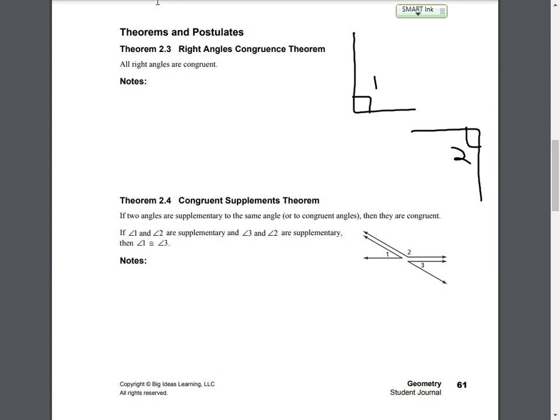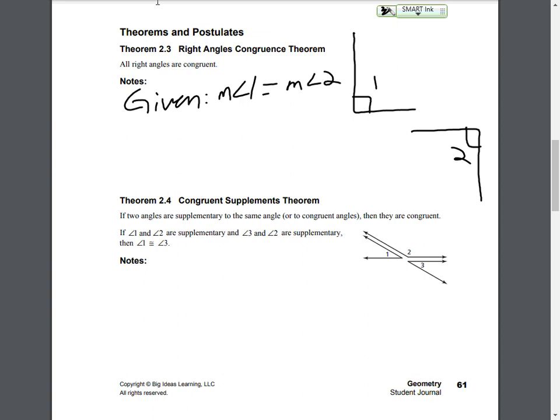Those are both right angles, right? We can see that by the little right angle symbol. What are we given? Well, the measure of angle 1 equals the measure of angle 2, right? They're both 90-degree angles, so it has to be given.